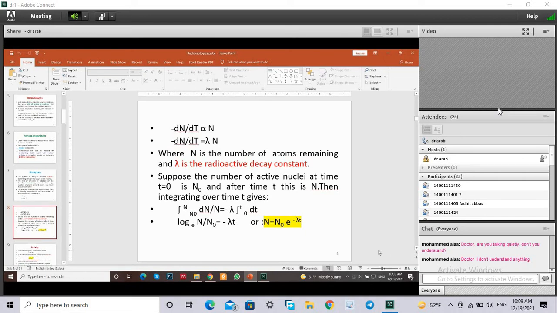In this equation, N is the number of atoms remaining radioactive, and lambda is the radioactive decay constant.